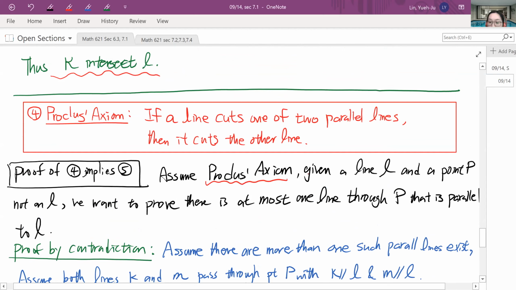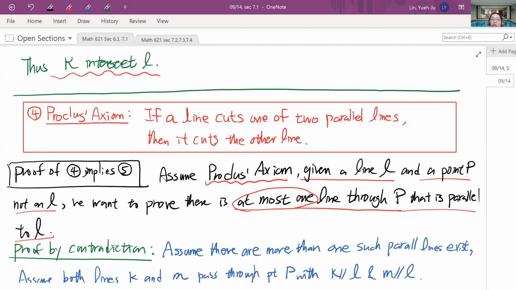We want to prove that if you are given a line L and a point P outside L, there exists at most one line passing through the point P and parallel to L. This is the Playfair statement, right? So we want to use the Proclus axiom to prove the Playfair axiom here, okay?